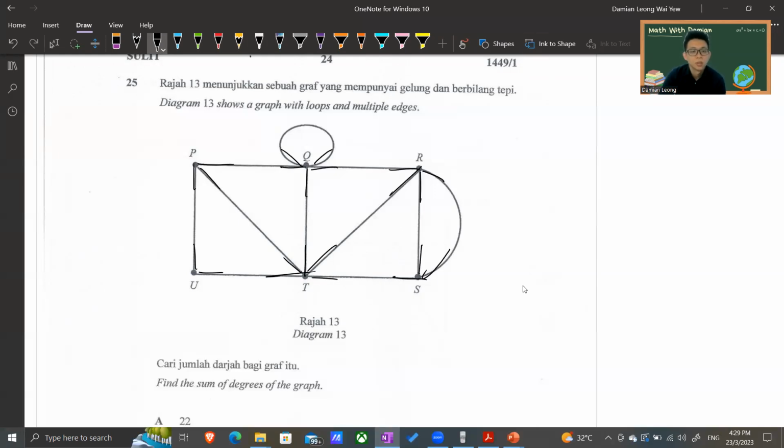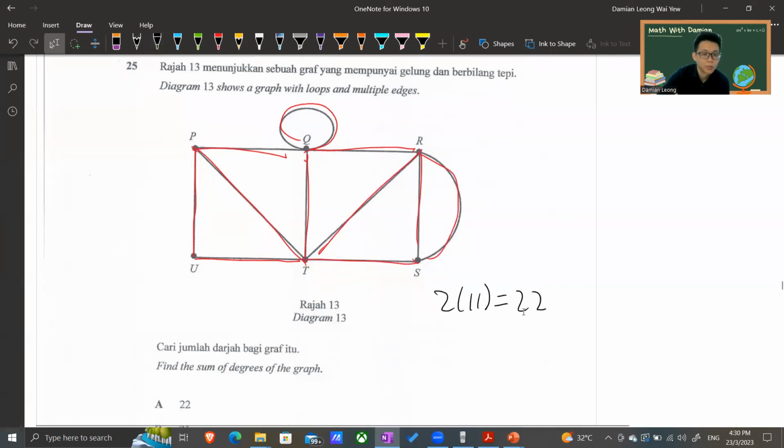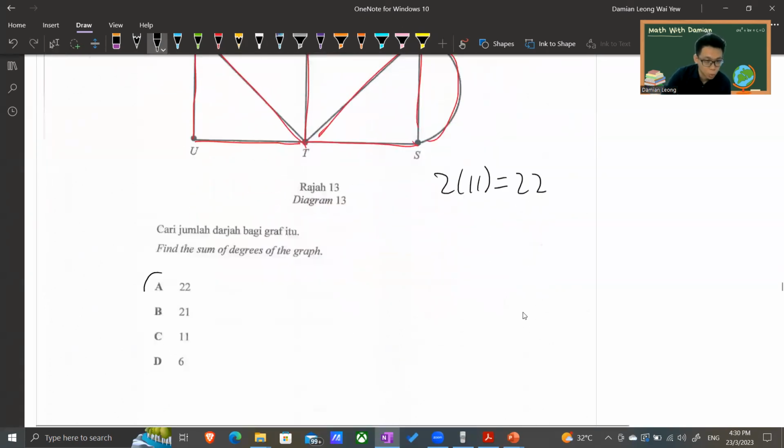Or I can also take 2 times the number of edges. Each of these is an edge. 1, 2, 3, 4, 5, 6, 7, 8, 9, 10, 11. So 2 times 11 is also 22. So no matter what, the sum of degrees must be 22.